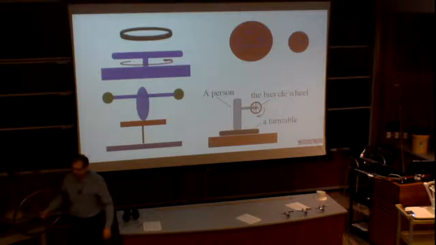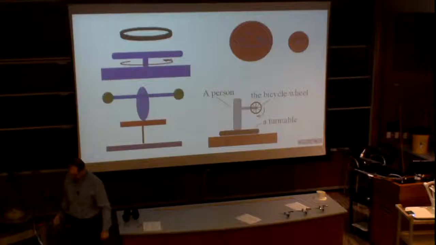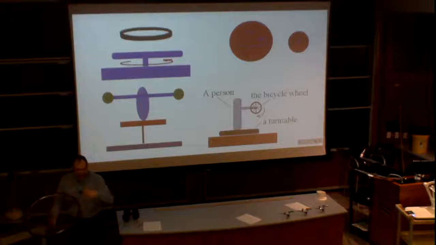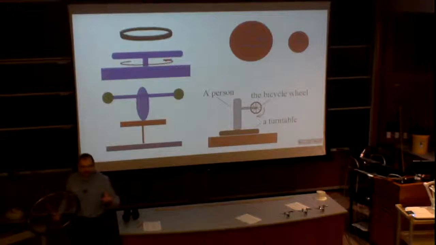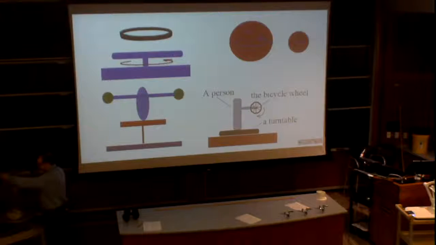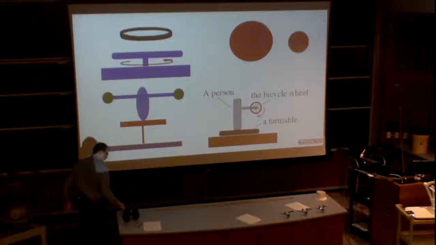Because initially, when it was perpendicular to the vertical axis, the angular momentum was 0. When this wheel has angular momentum, let's say clockwise, in order to compensate that, I have to start rotating in the opposite direction. So you can try all these experiments after the class.